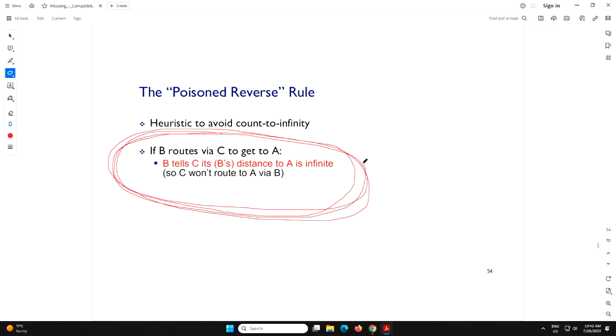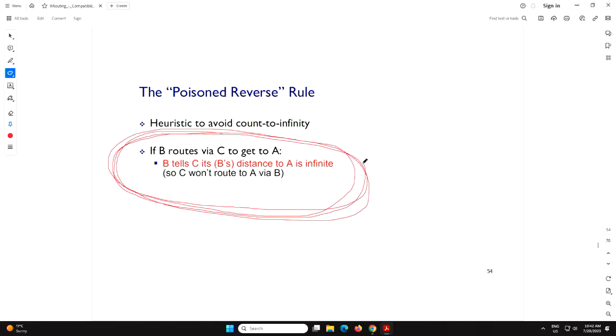Remember, we said that the reason that B believes that there is a shorter route via C is because B doesn't know that C got this smaller route via B, right? B actually gave that information in the beginning.